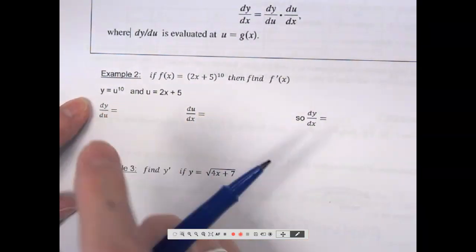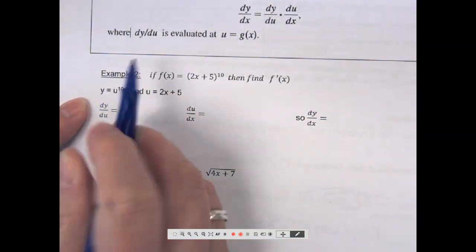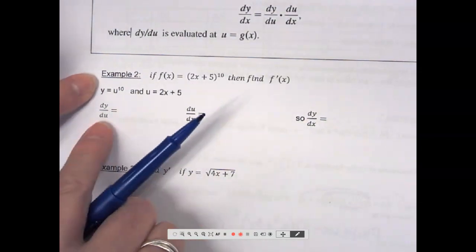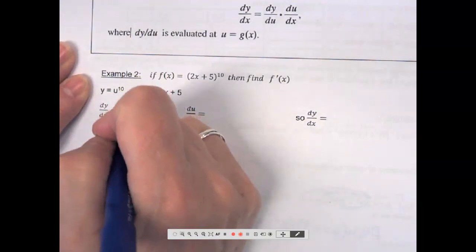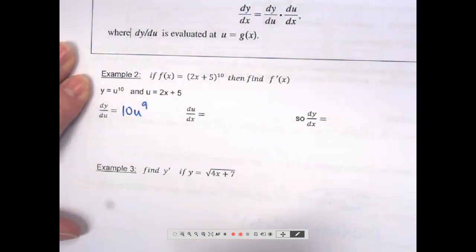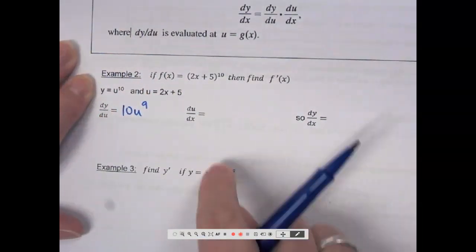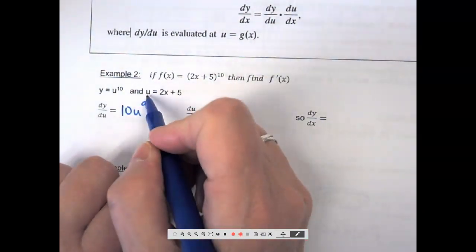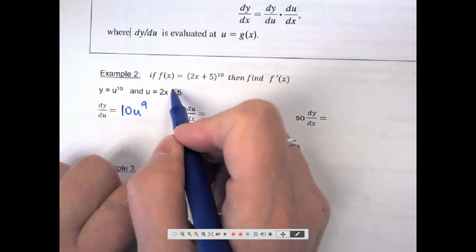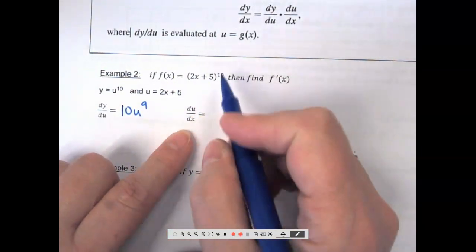Okay, how would I take dy/du? That means take the derivative of y with respect to u. It would be 10u to the 9. If I wanted to find du/dx, that means go to the equation for u and find the derivative with respect to x. That derivative is just 2.